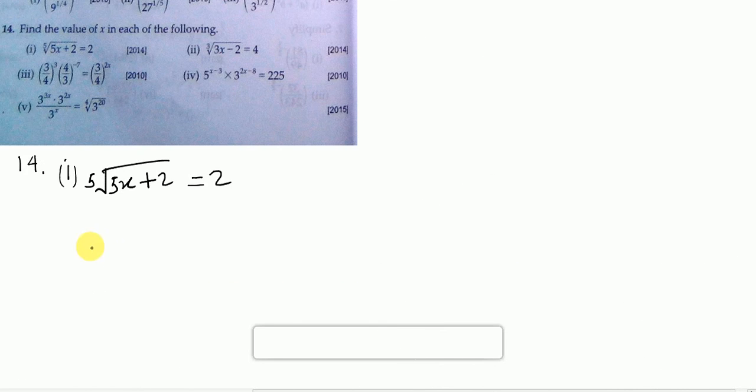14th question, find the value of x in each of the following. First question is 5th root of 5x plus 2 equal to 2. Taking power 5 both sides.